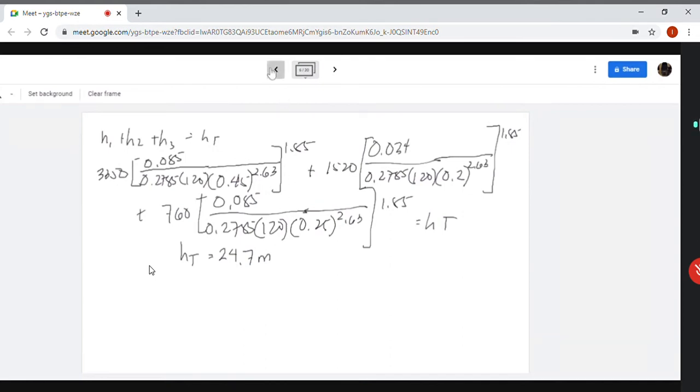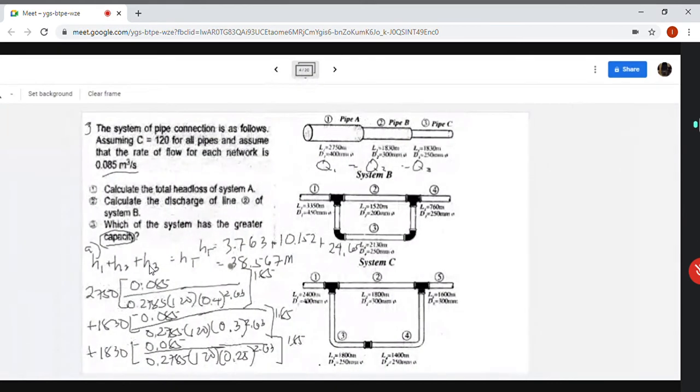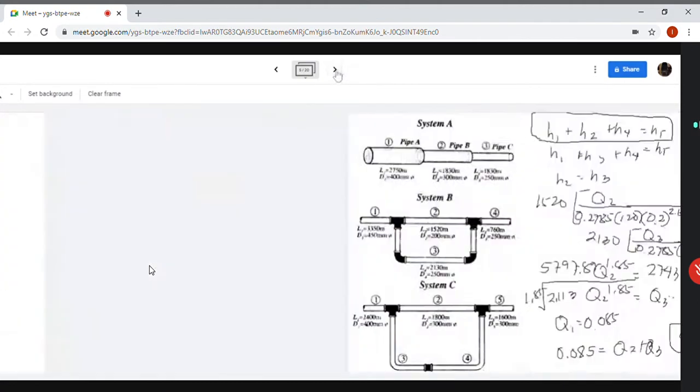This is lower than 38.567. The lowest head loss is the one with the higher capacity.